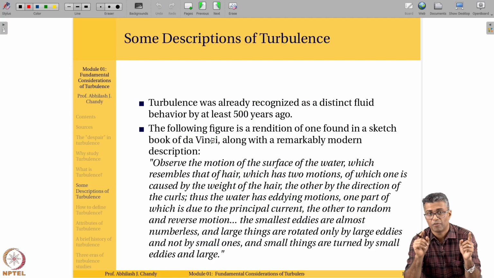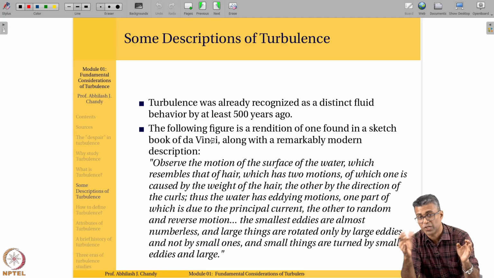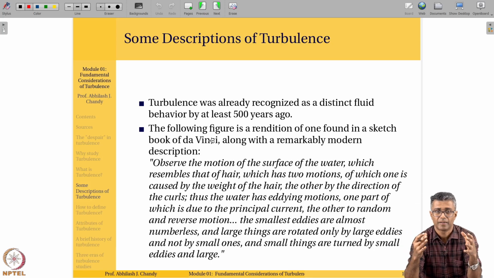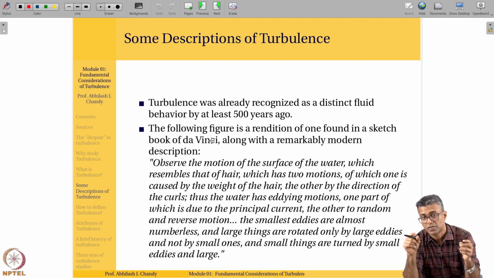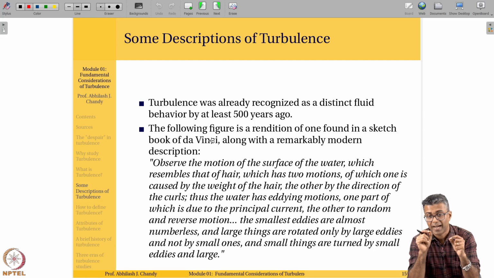Observe the motion of the surface of water, which resembles that of hair. So that's the first observation he makes. It resembles that of hair, chaotic, disorganized, which has two motions, of which one is caused by the weight of the hair and the other by the direction of the curls. So this part is interesting. Let me finish the definition before I describe what significance this part has.